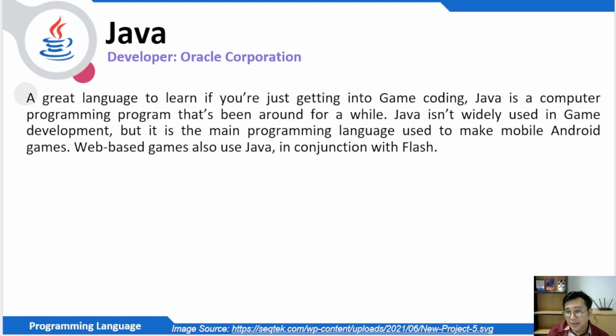So it is a main language to make mobile Android games, and it was also the most historical programming language that made a lot of Flash games, which operated in a web browser. Some of you may have heard about the famous game on Facebook. Yes, that's also one of the games that has been made using the Java programming language.